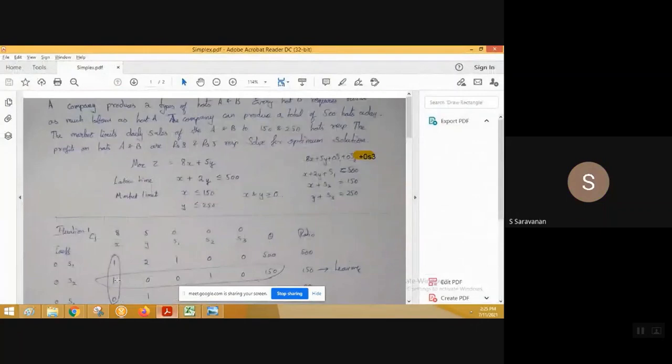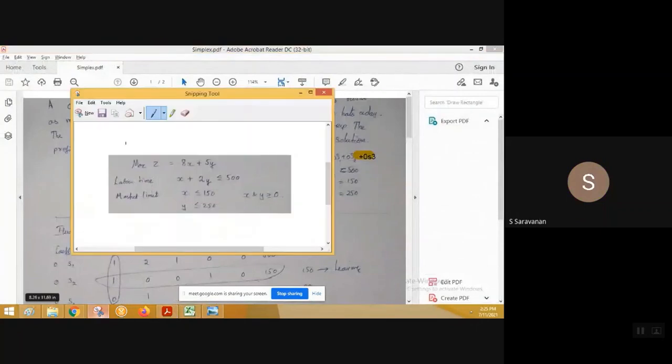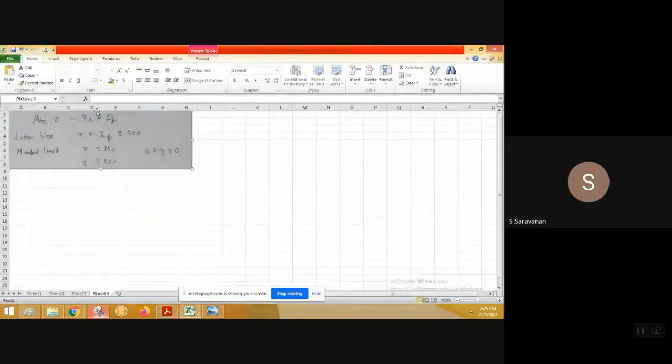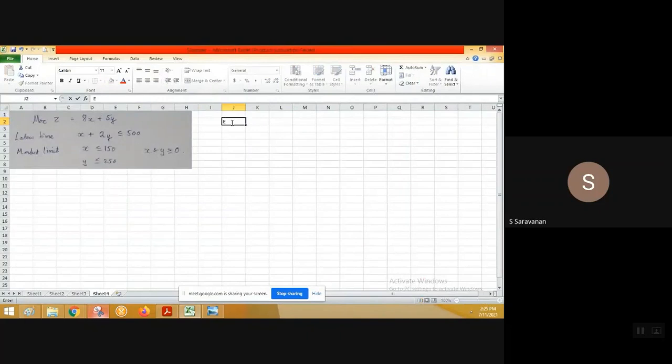0, 250. It's not copying. Just a minute. Okay, so this is what we have. So equation 1, x equal to 0.